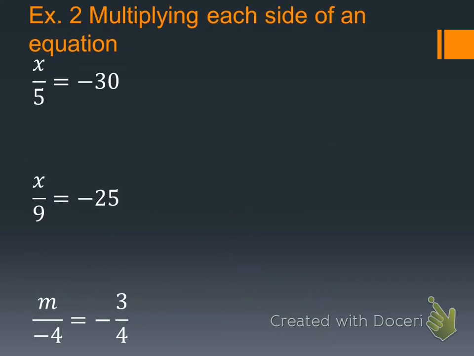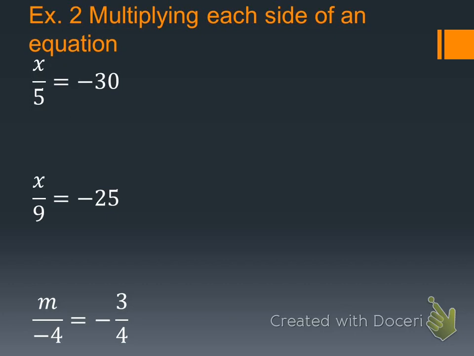So the next example then, we've got x divided by 5 equals negative 30. If I want to solve for x, I've got to use the inverse operation. If what is happening is division, what is the inverse of division? Multiplication. What am I going to multiply by?